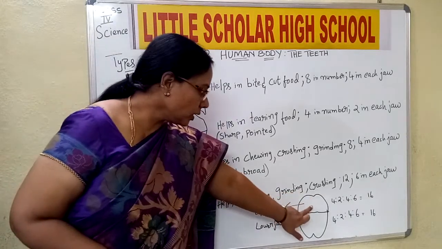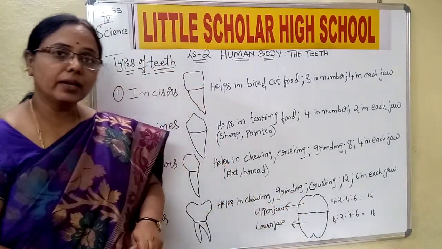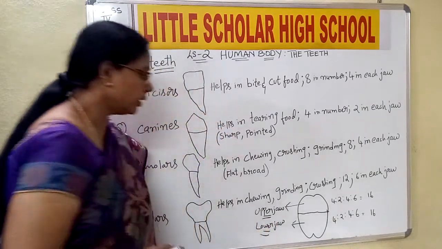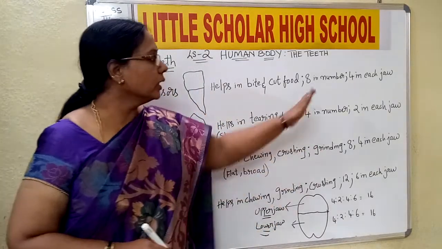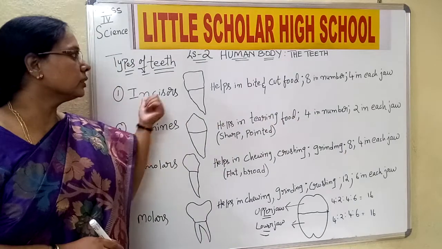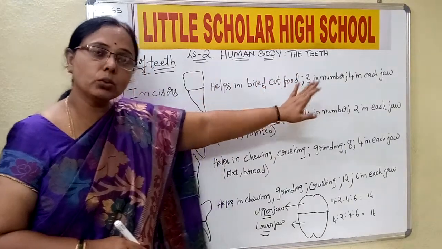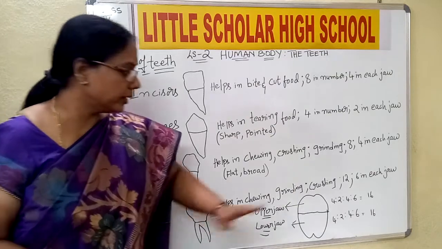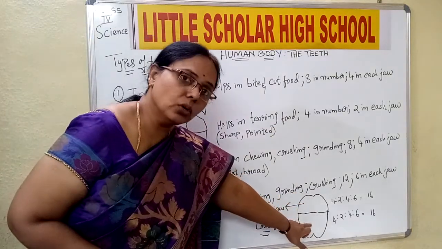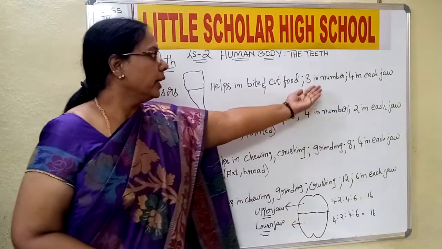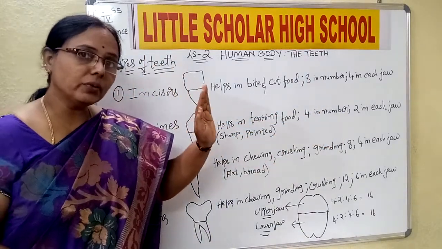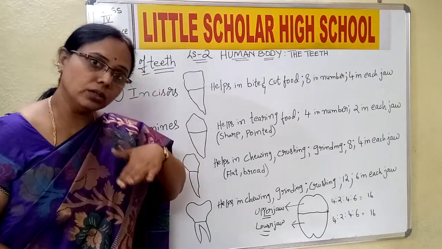The total number of incisors is 8. You remember, the total number of incisors is 8. This 8 is divided between the upper jaw and the lower jaw. Are you understanding, children?